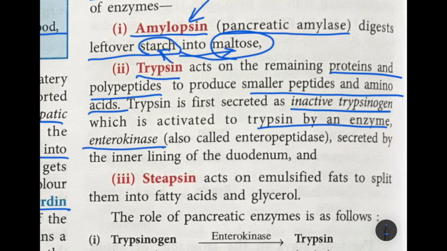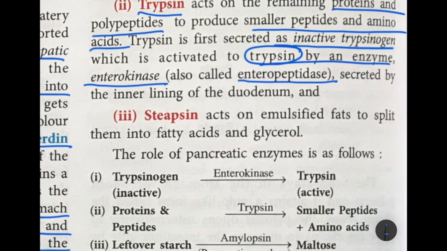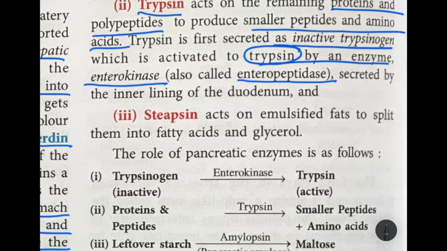Enterokinase, also known as enteropeptidase, turns inactive trypsinogen into trypsin. And trypsin acts on proteins and polypeptides to produce smaller peptides and amino acids. And remember, this enzyme enterokinase is secreted by the inner lining of the duodenum.